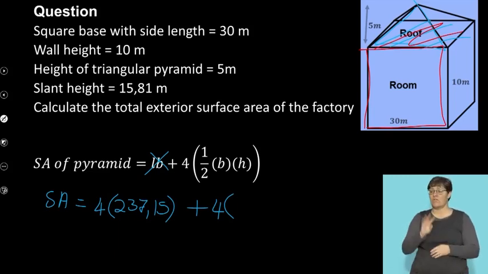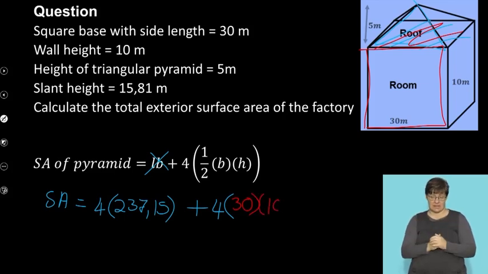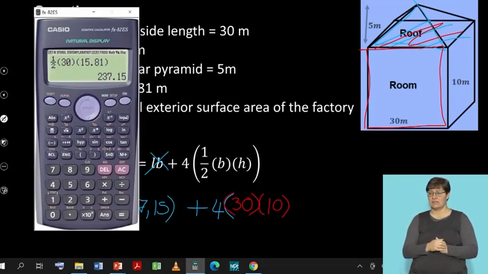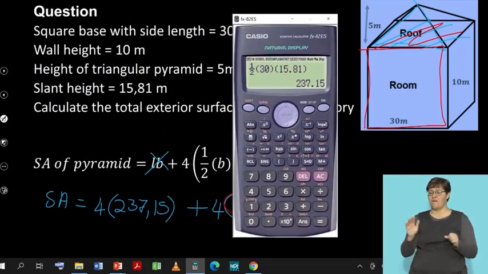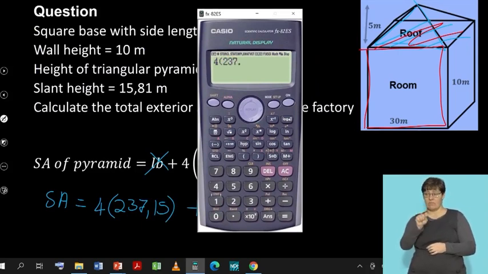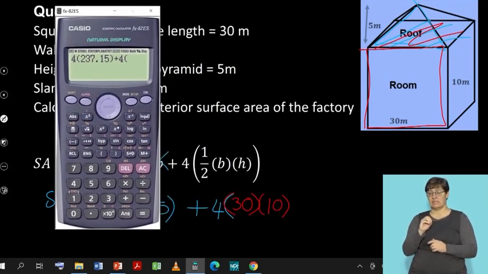So we're going to add 4 times 30 times 10, because those are the dimensions of the walls. Then if I put this all in my calculator, it's going to give me the surface area of the entire factory. So we're going to have 4 times the area of the triangles plus 4 times the area of the rectangles.